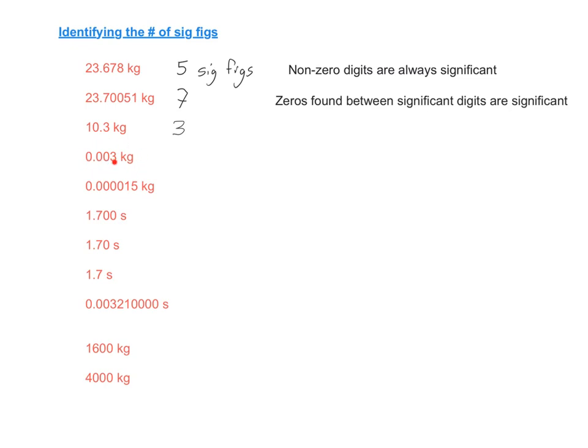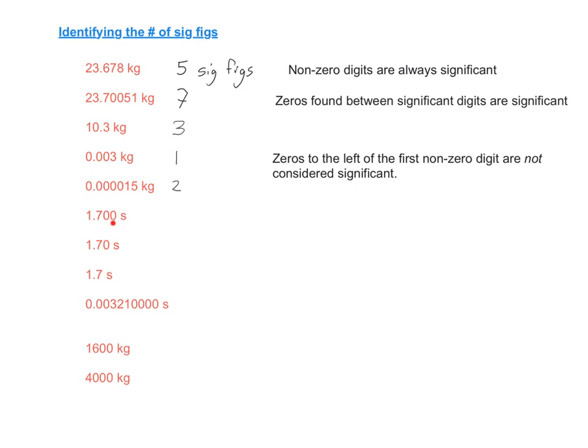That 3 counts as a significant figure, so this thing has a total of 1 significant figure. If I look at this one, these zeros on the leading edge here don't count, and we have 1, 2 significant figures in that example. So as a general rule here, zeros to the left of the first non-zero digit are not considered to be significant figures.